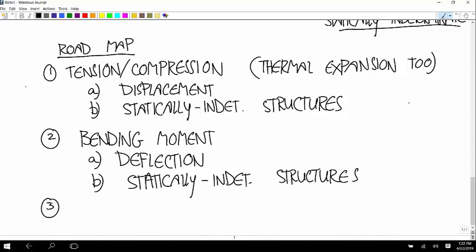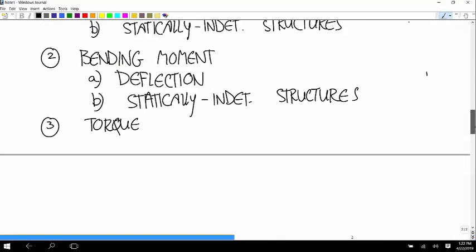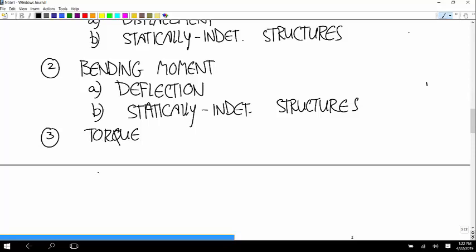And then we'll do torque. The displacement that we're going to deal with is angle of twist. And then we'll talk about statically indeterminate structures.